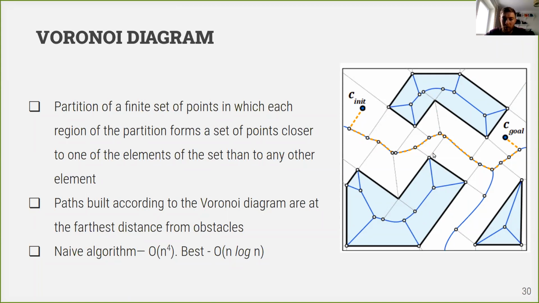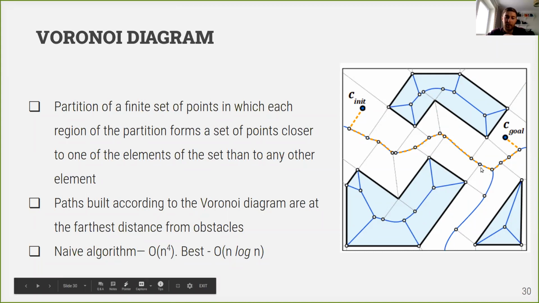We want our path to be as far from obstacles as possible. And Voronoi graph gives us the second property. And actually it is optimal for being as far from obstacles as possible. And there are also many algorithms for building this representation of space. The naive algorithm is n to the power of 4, which is really a lot and really slow.